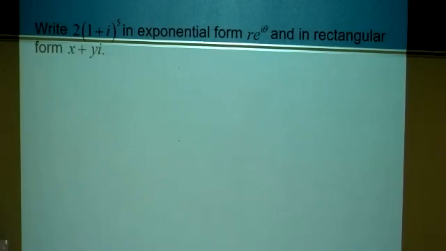All right, so write this in, 2 plus 2 times 1 plus i to the 5th power. Well, since I already used this earlier, we know the angle here is pi over 4. So what we have in here is i is e to the i pi over 4, and the 2, and we have a 2 here.